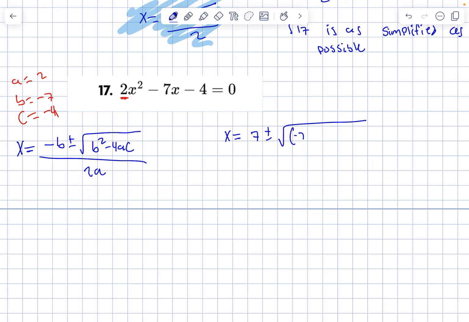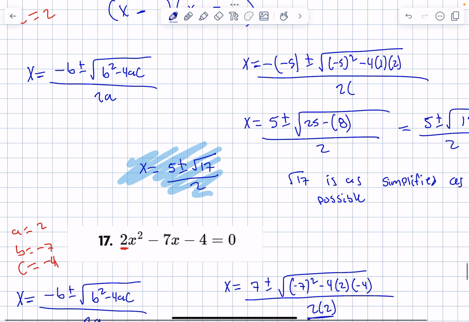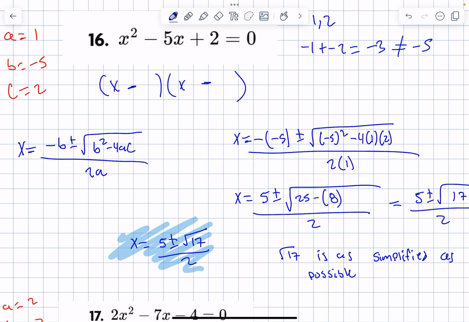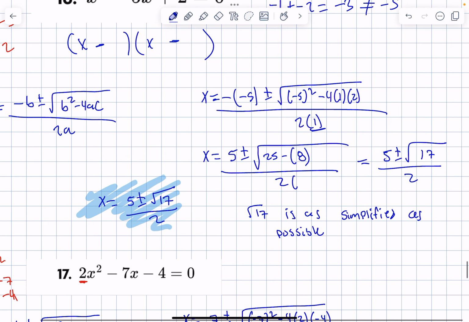This is negative 7 squared minus 4 times a times c, negative 4, all over 2 times 2. Now we have an a that is not 1, it's 2 now, so we have to make sure we multiply it. If I wasn't clear enough, this should be a 1, because my a value is 1 here, but 2 times 1 is just 2.